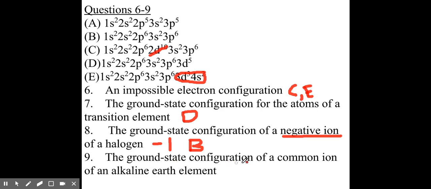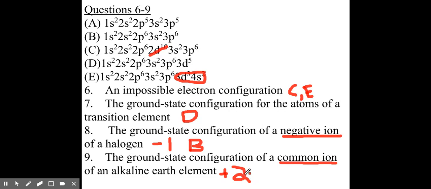And the ground state configuration of a common ion of an alkaline earth element. So alkaline earth elements are group 2, and it says common ion. So common ion is just its ion. Group 2 normally has a +2.